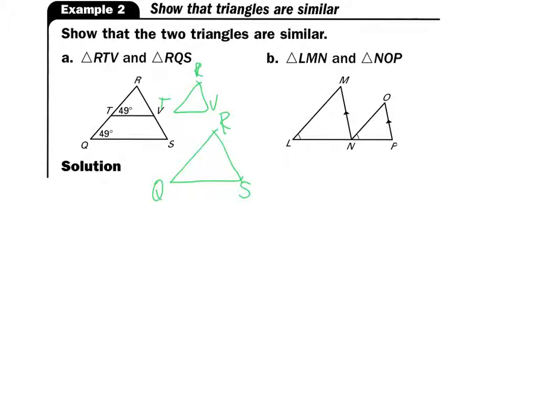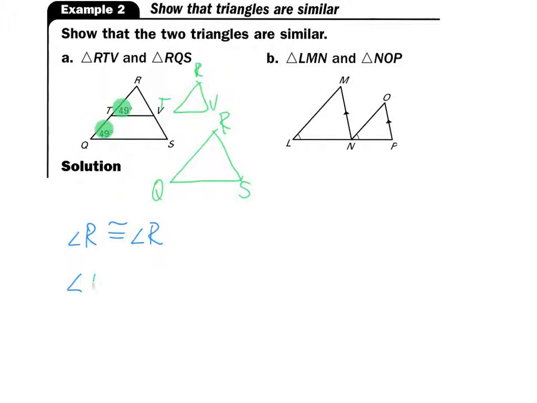First things first, unlike the guided notes provided to you, I like to write this out first: they both share angle R, and angle R is congruent to itself by the reflexive property. So I've got one set of angles that's congruent already. Next, if you look at your diagram, you've got two angles at 49 degrees.